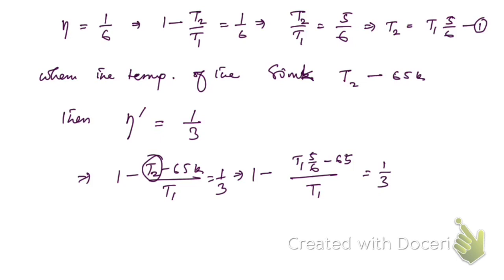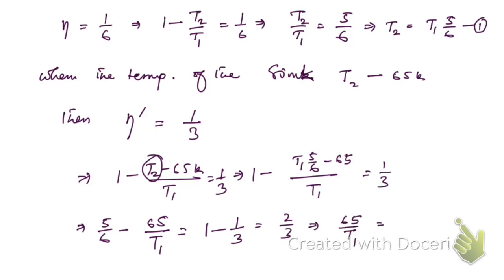So that's gonna be equal to 5 by 6 minus 65 by T1 is equal to 1 minus 1 by 3, and that's gonna be equal to 2 by 3. Okay, so if you simplify this, 65 by T1 is going to be equal to 5 by 6 minus 2 by 3. Then that's going to be equal to (5 minus 4) by 6, that's going to be 1 by 6, right?